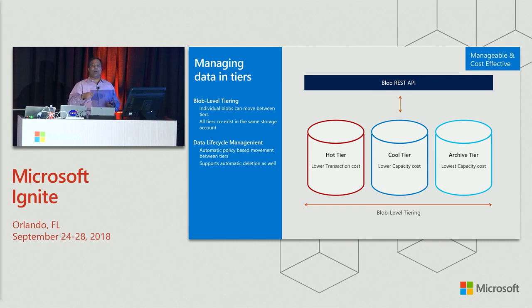It's just an API call to set blob tier, and you can move that data at a blob level up and down the stack. We've had requests, though, and this is a feature that's now in preview, around doing this automatically. I don't want to manage this. I just want to set some rules and have Azure do it. So that's data lifecycle management for automatic policy-based movement.